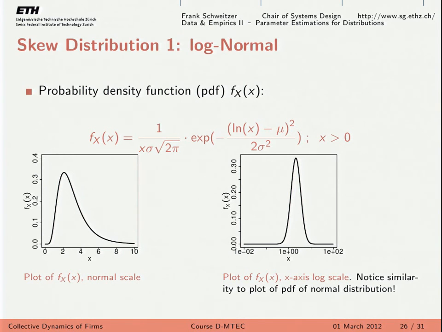How should the log normal distribution look like on a logarithmic scale of x? Like a normal distribution, right? This is how we recognize that it is a log normal distribution. We plot the x scale as the logarithm, and then we see something symmetric, like in this case. That's the first indication of a log normal distribution.